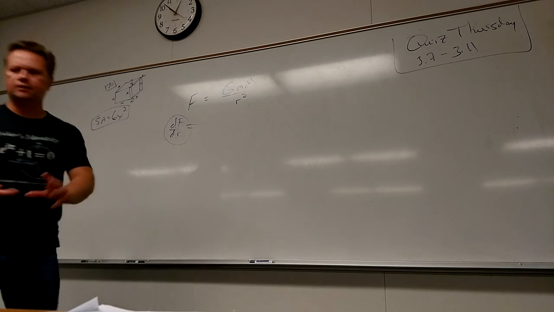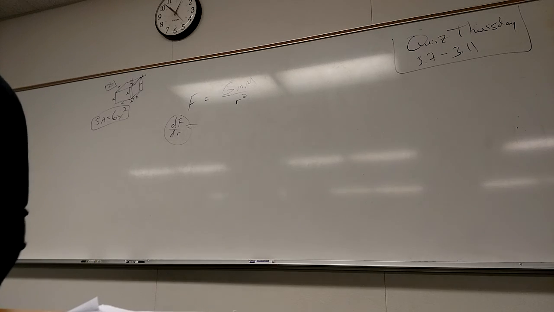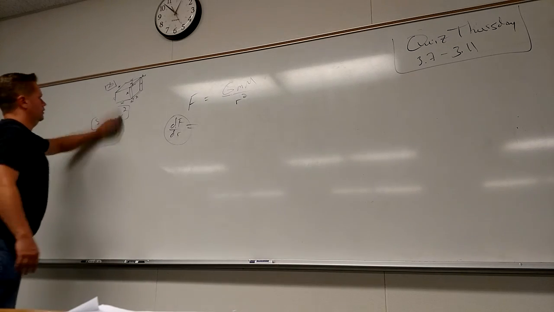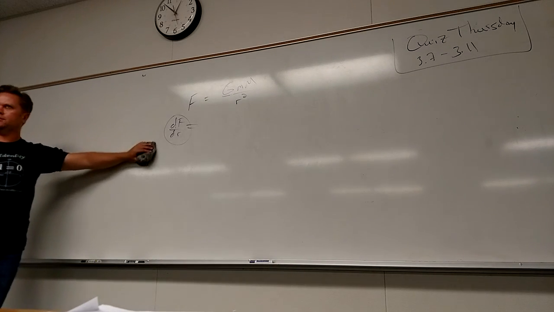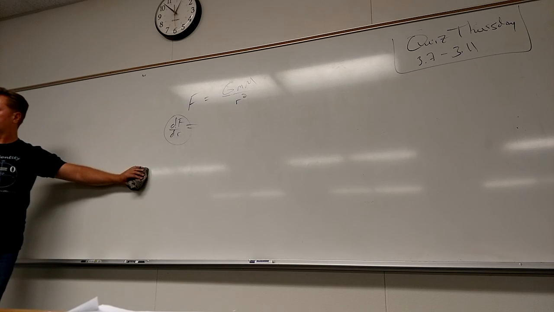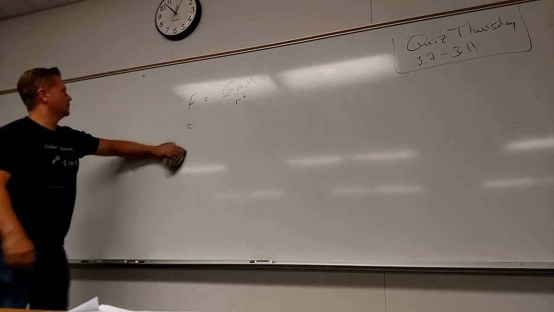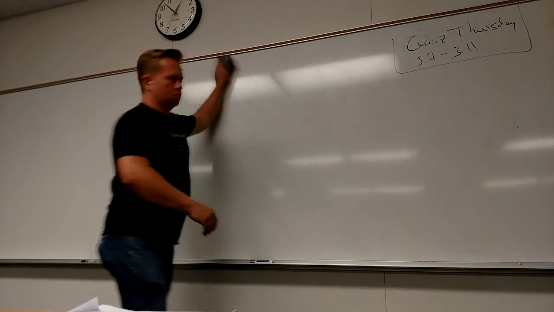We already sort of did some of 3.10. I don't know if you remember when we developed a shortcut for square roots. Do you remember doing that? Not really? Okay. Well, let's kind of redo that.